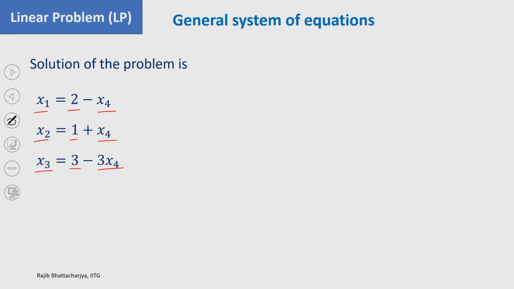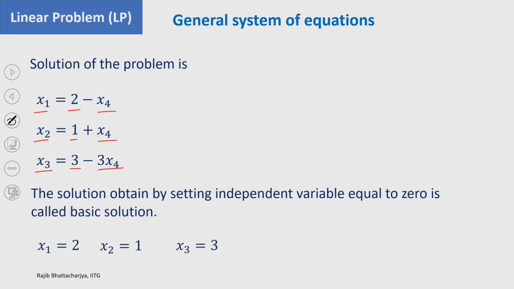Now, if I consider that x1, x2, x3 are basic variables and x4 is a non-basic variable, then the solution is x1 equal to 2, x2 equal to 1, x3 equal to 3, and x4 equal to 0. So that is your non-basic variable. Now what have we done here?